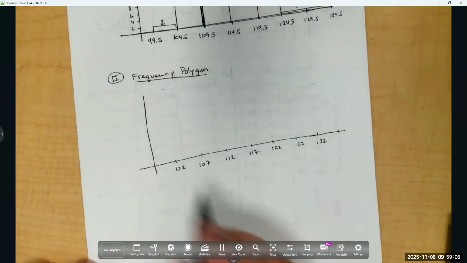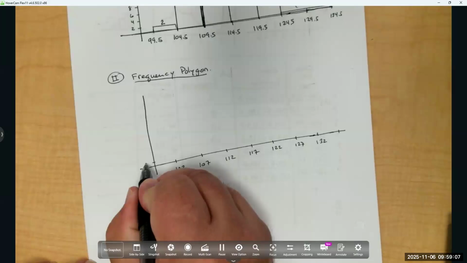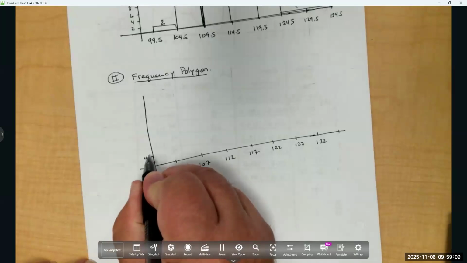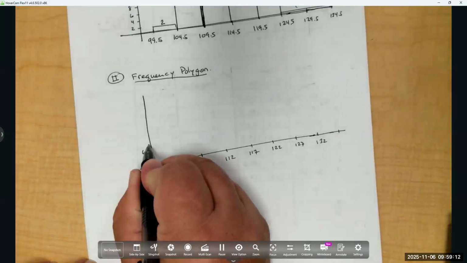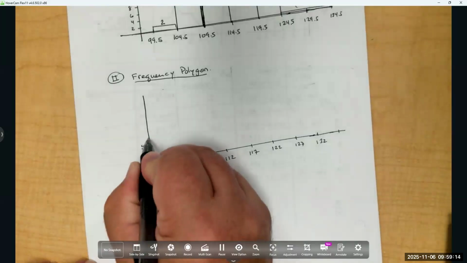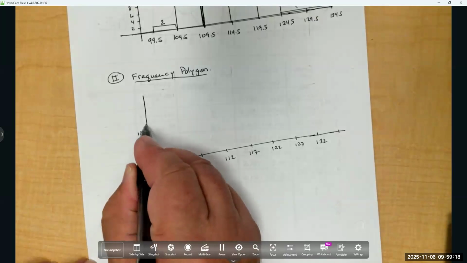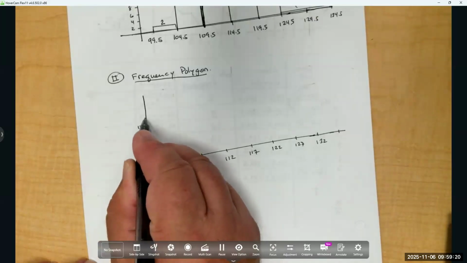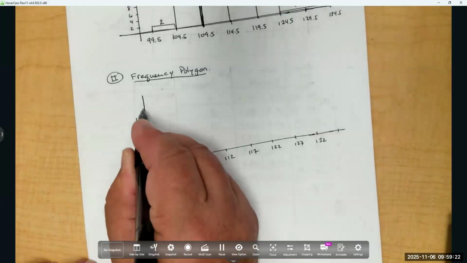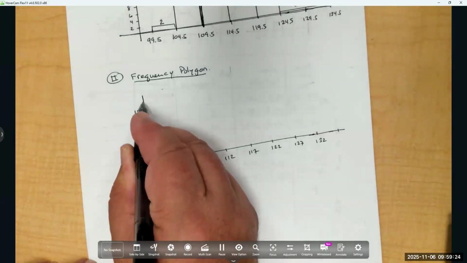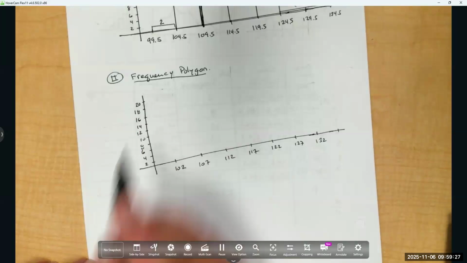Now, our frequency is the same thing. We're going to go 2, 4, 6, 8, 10, 12, 14, 16, 18, 20.